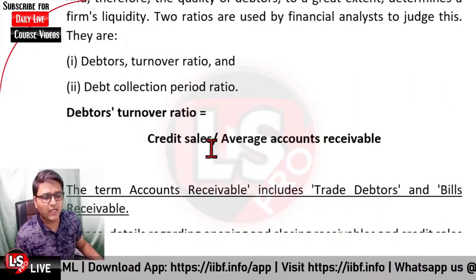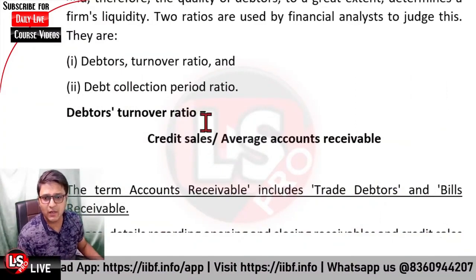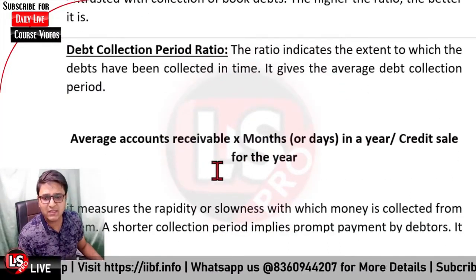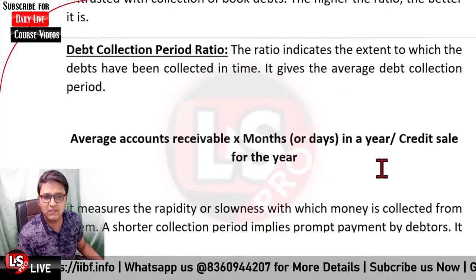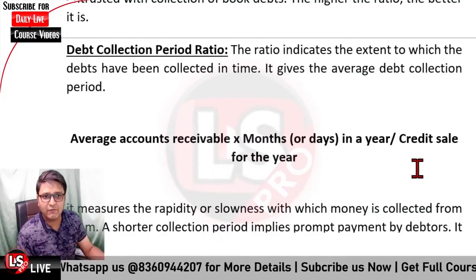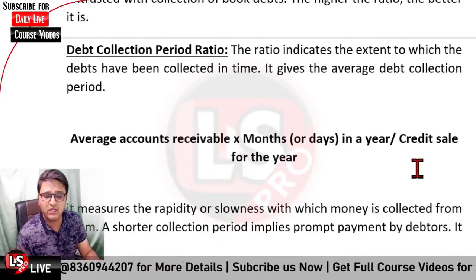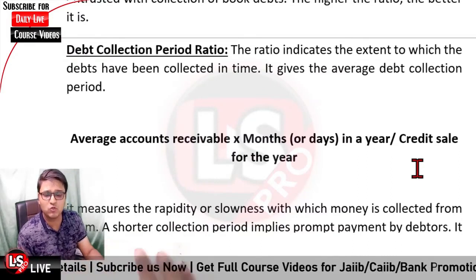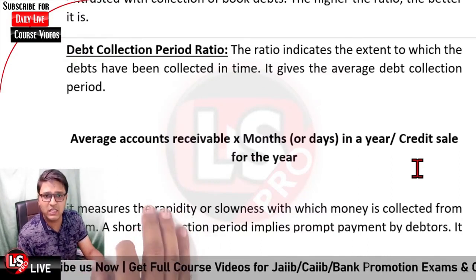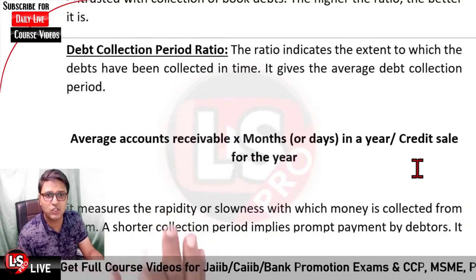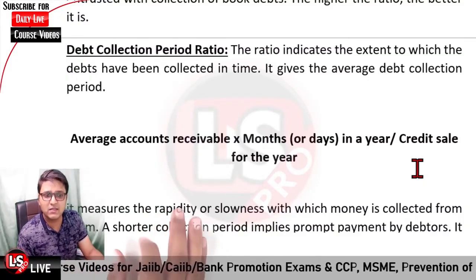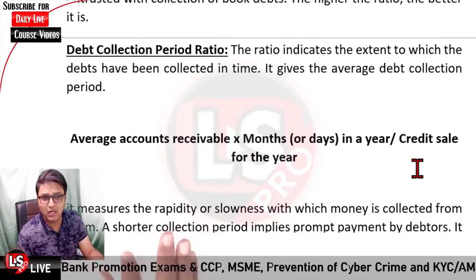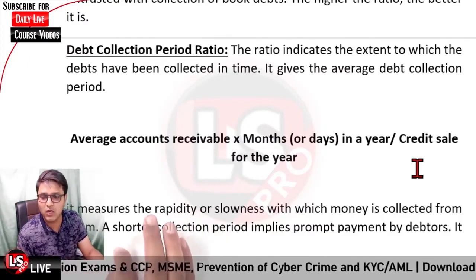Next, the point is regarding the debt collection period. What does the debt collection period signify? It is the average time taken to recover the debt or account receivables. It can be in days, months, years, or whatever term you want to calculate.